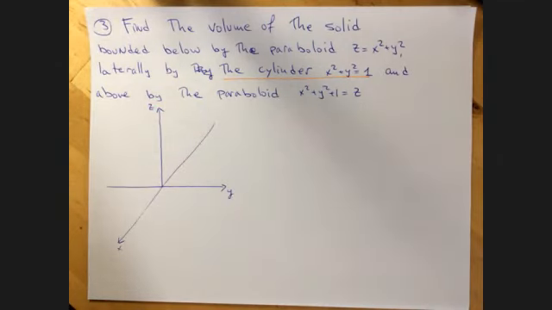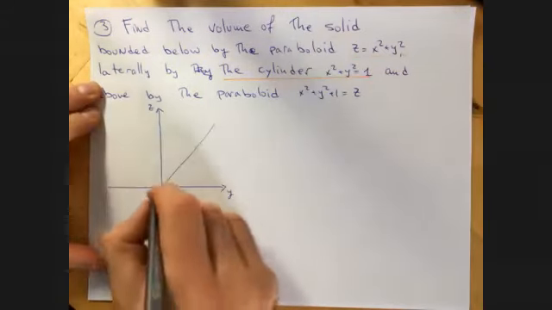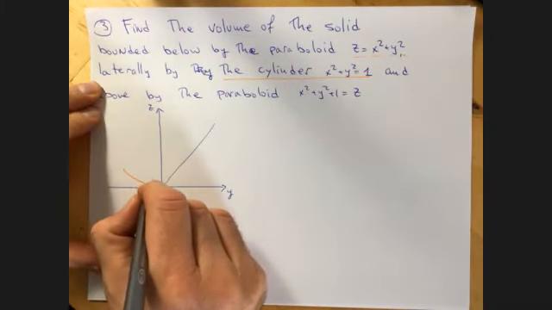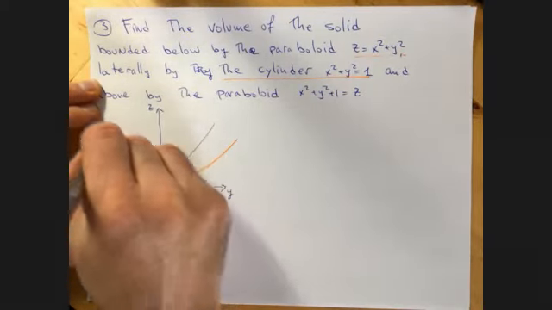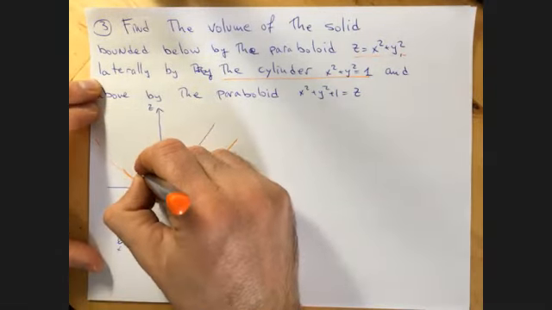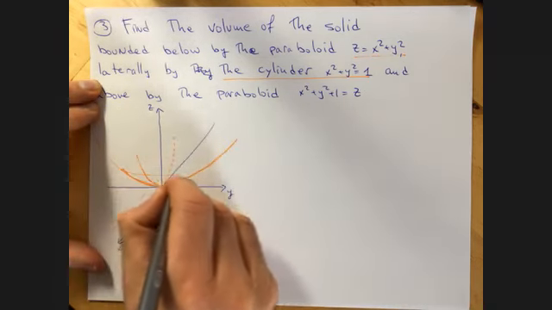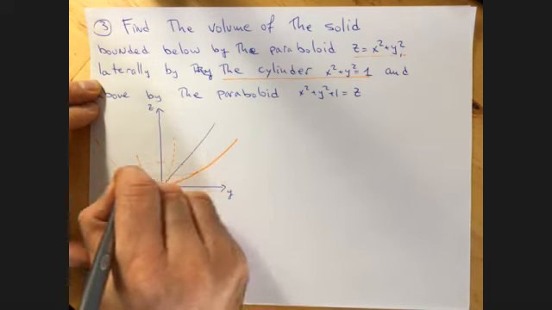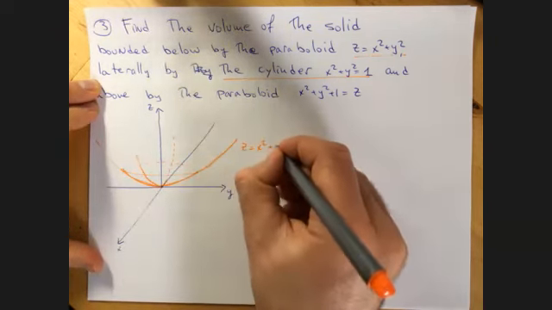Okay, first of all, I have the paraboloid x squared plus y squared is equal to z. Right, so this is z is equal to x squared plus y squared.